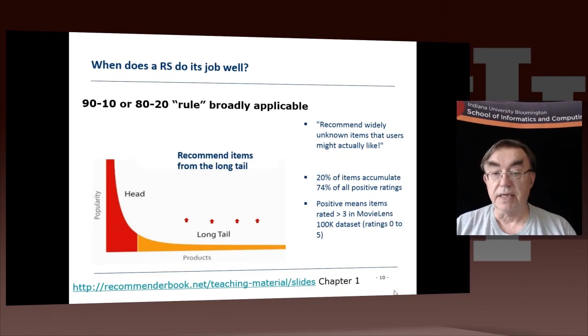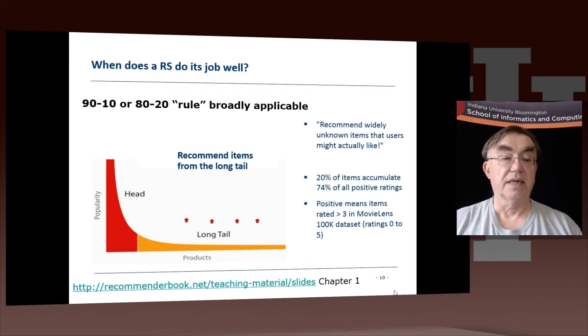So here's some data from movie recommendations from a site called MovieLens, where it says that 74% of the positive ratings of movies are accumulated by 20% of the movies. So this is a standard 90-10, or in this case 80-20 rule.